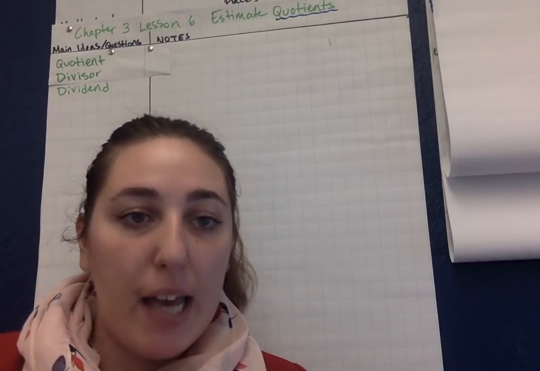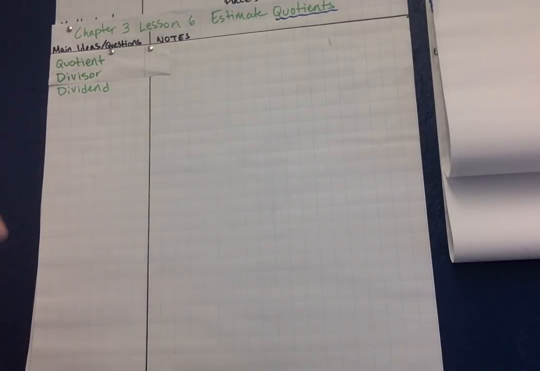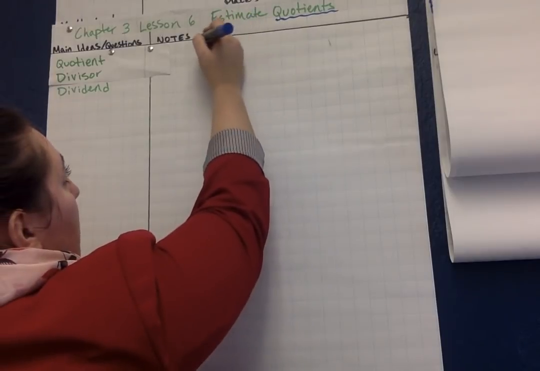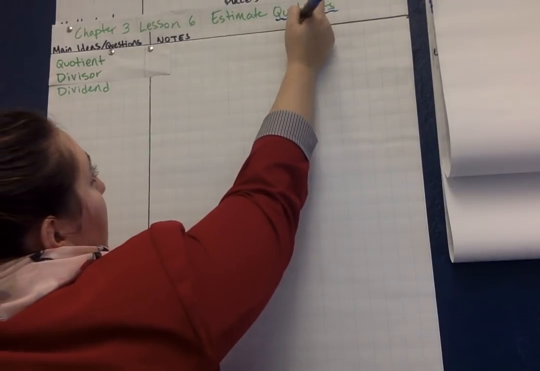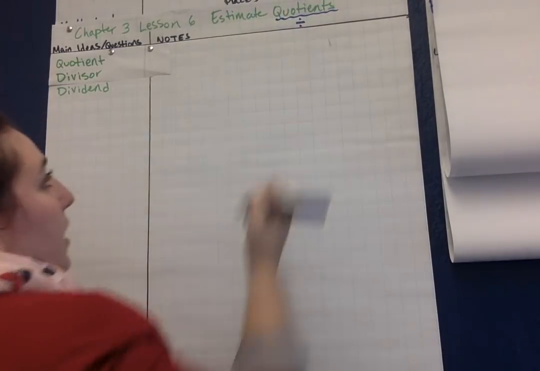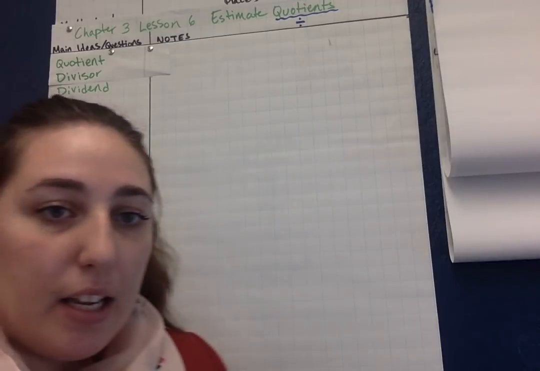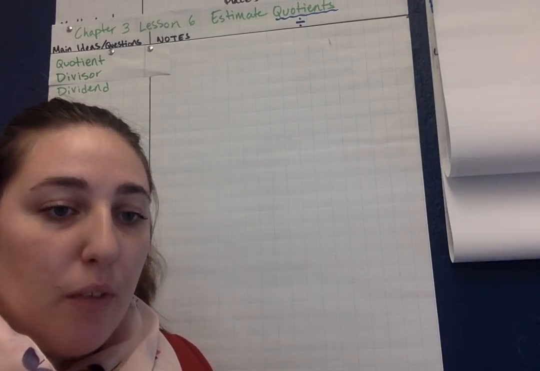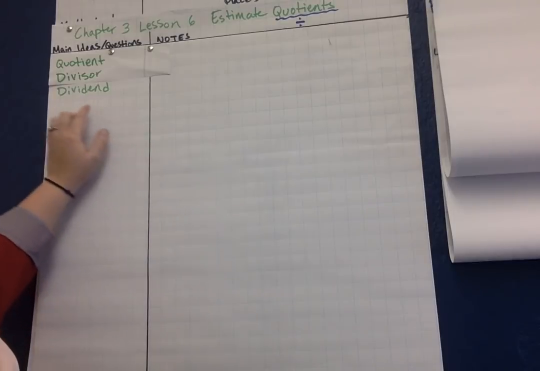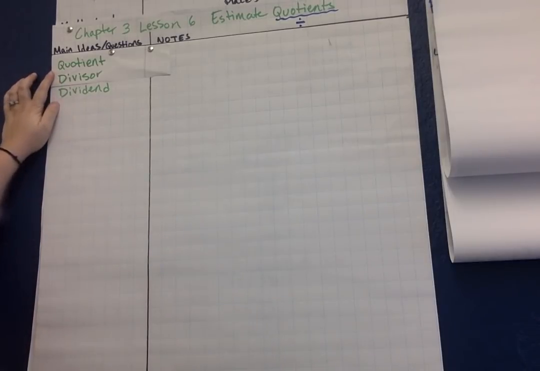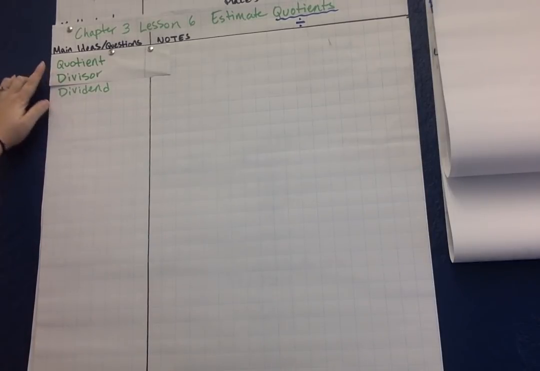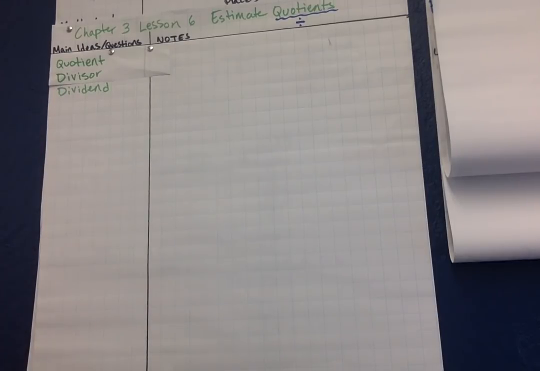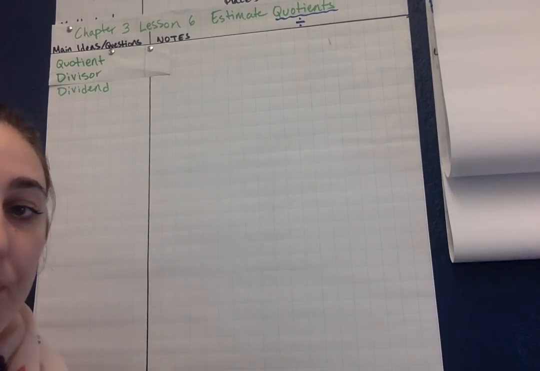So when we divide, we find a quotient. I'm going to put a little divide sign right here. That divide sign is telling us that when we divide, we find a quotient. I have some vocabulary terms ready for us: the first is quotient, then divisor, then dividend. You might have heard some of these already, but we're going to go over them.